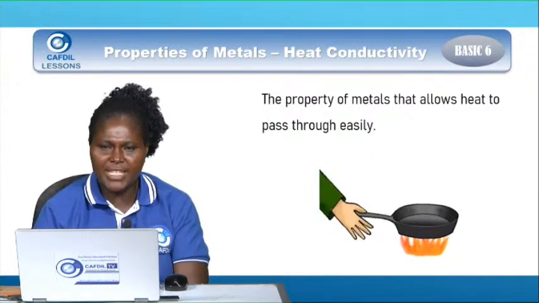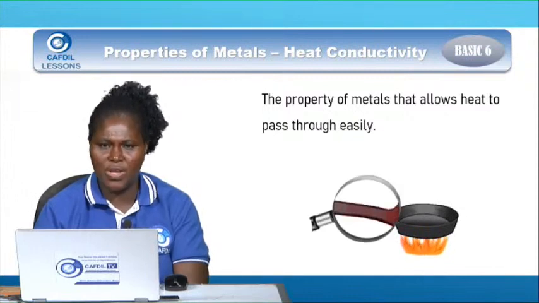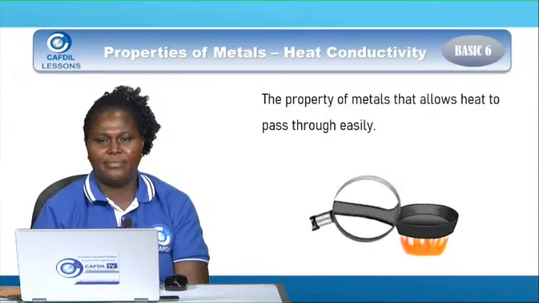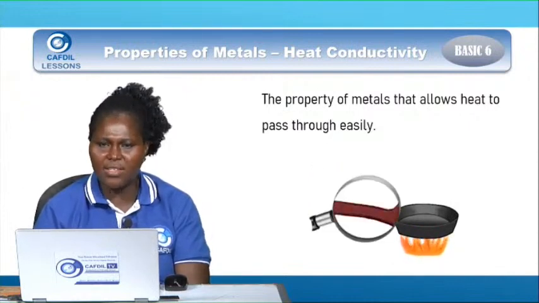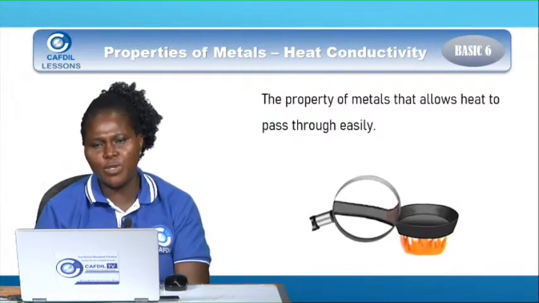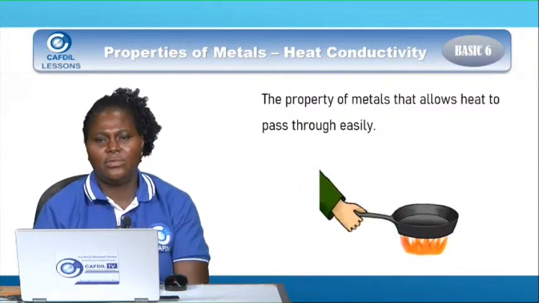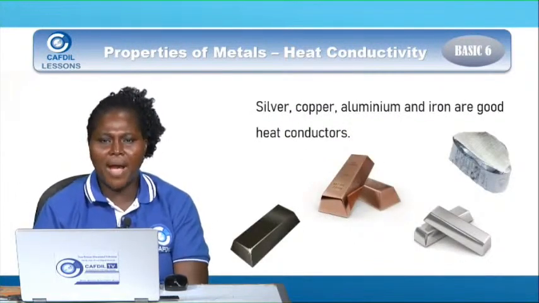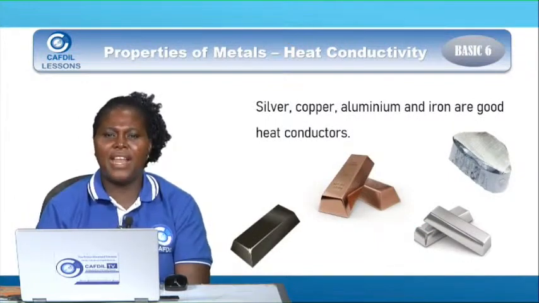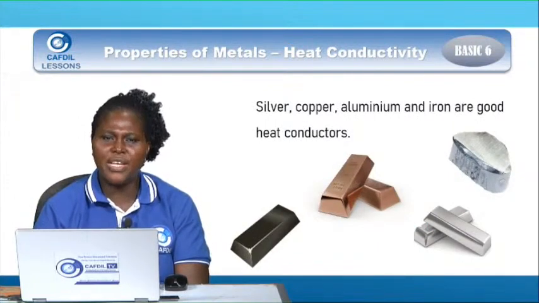So the heat is passing through the pan, and this allows us to cook our food. Good. Silver, copper, aluminium, and iron are good heat conductors.